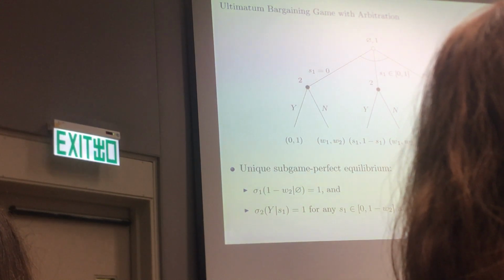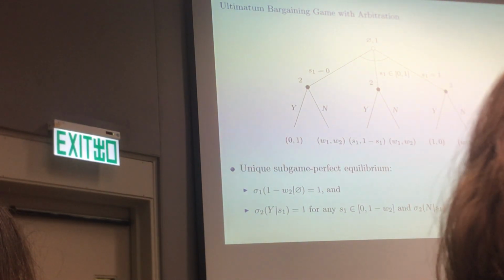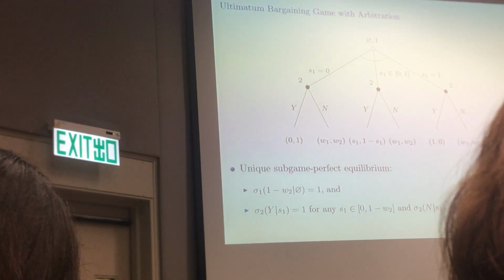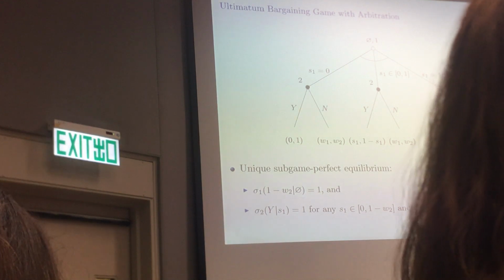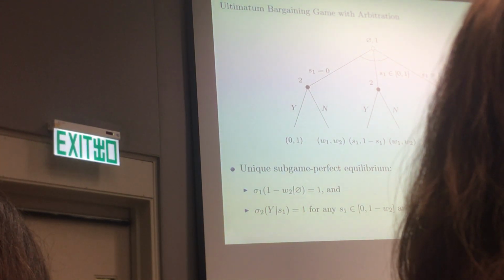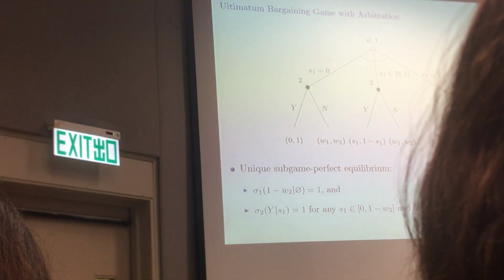However, by exactly the same argument as for the ultimatum bargaining game, there we saw that even if player 2 is indifferent between yes and no when S1 is equal to 1, in equilibrium player 2 has to choose Y. Otherwise player 1 has no best response, so that kind of equilibrium does not exist.